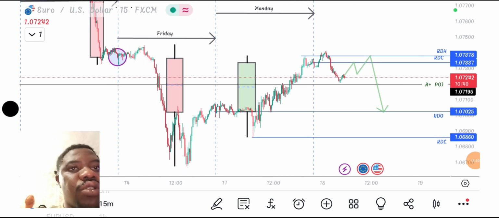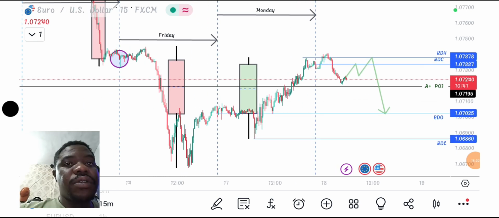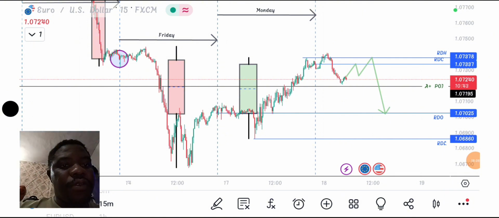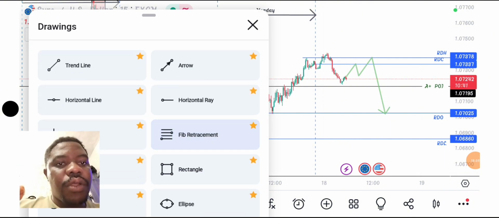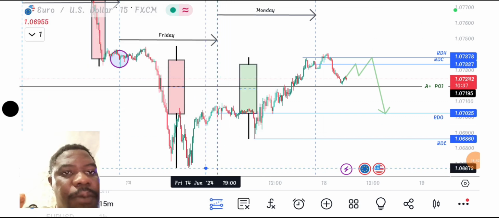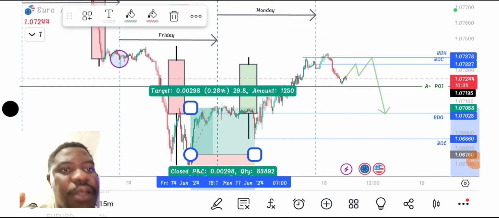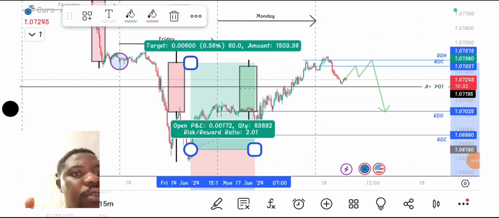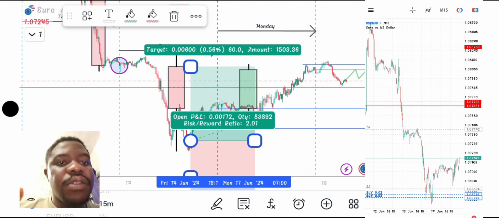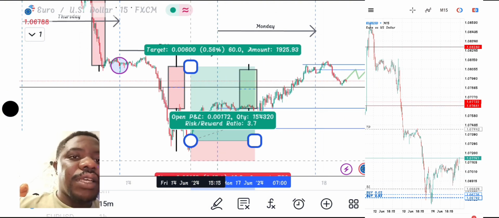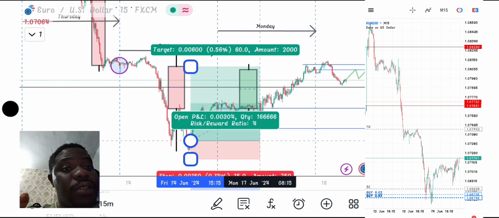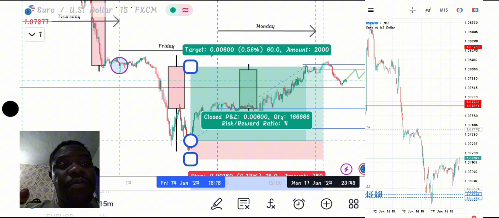I'm going to show you the trade which I'm still holding on this particular buy here, which I caught from this low. Let me bring out my long position, which I caught from this point. I'm still holding the buy till now, because guys, that's why I tell you that if you use this method, you can easily catch some really good trades, and you can swing the position if possible.